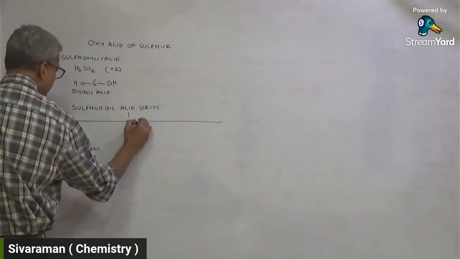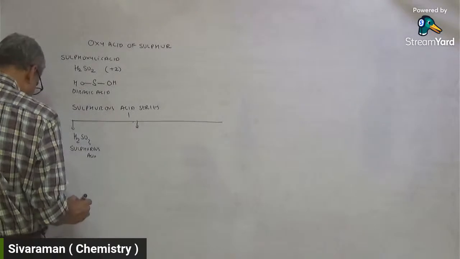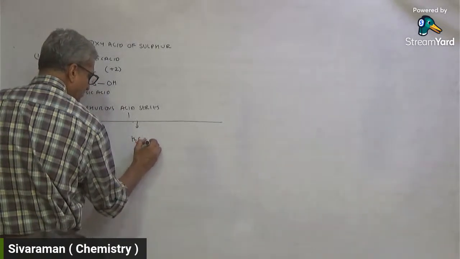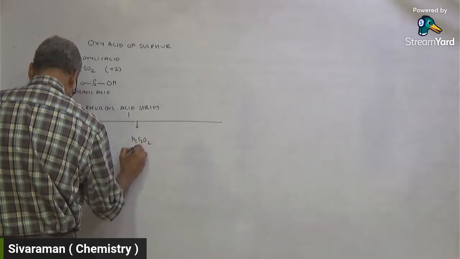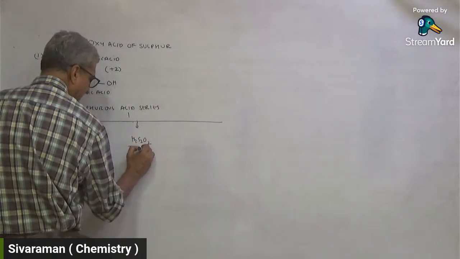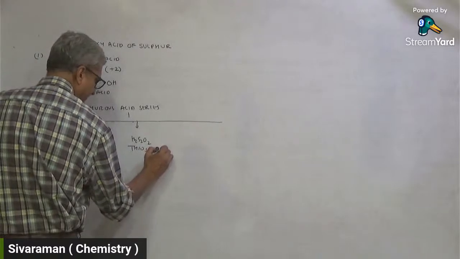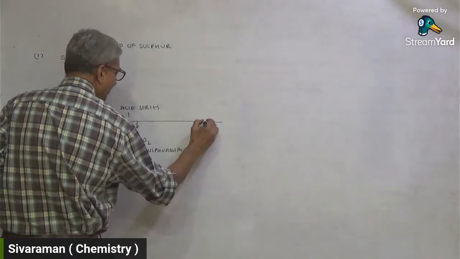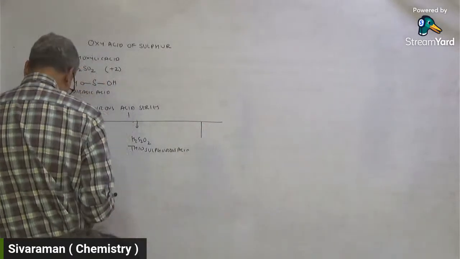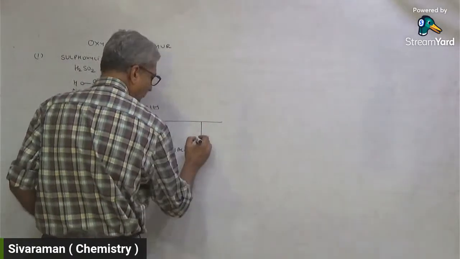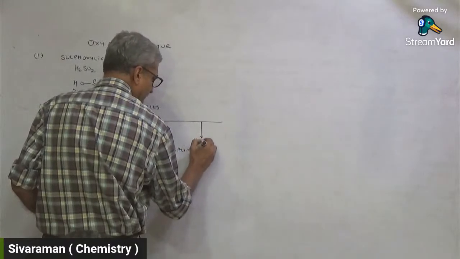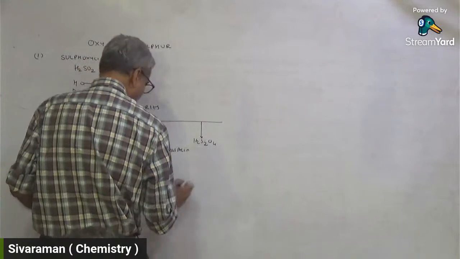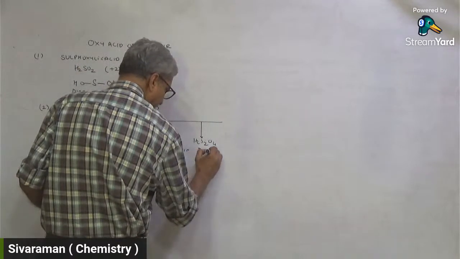Then the third one, H2S2O4, dithionous acid.